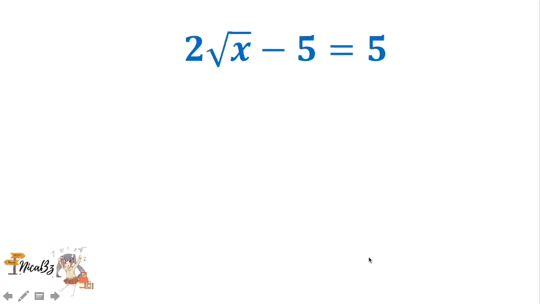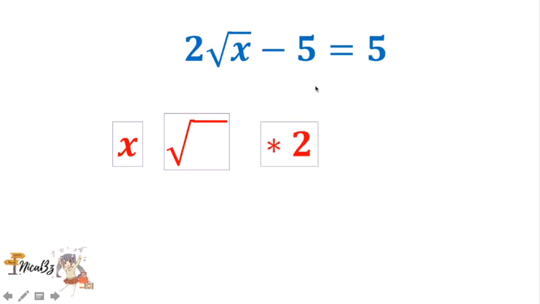This time, 2 is out of the radical sign. Now how do we do it? Again, x, and in this x, you get the square root of that, and then the whole square root of x is multiplied with 2, subtracted with 5 to get 5. And as usual, we do the reverse process.